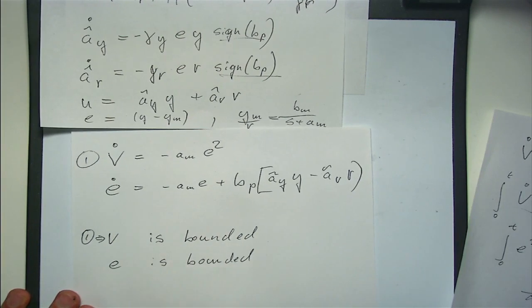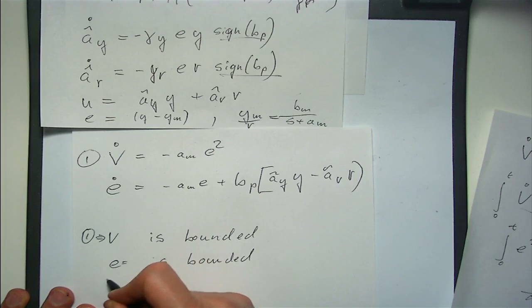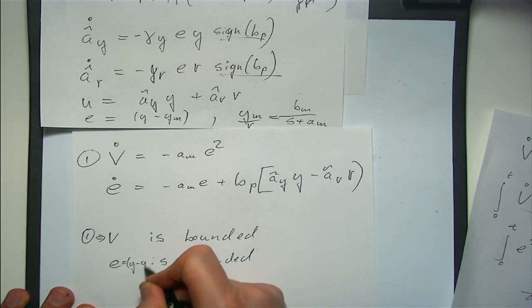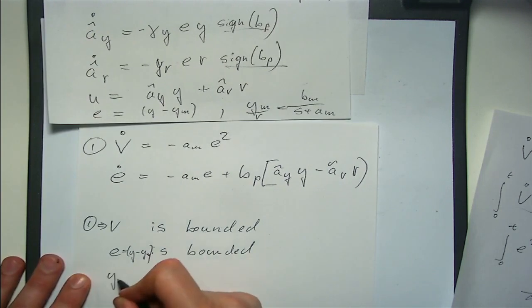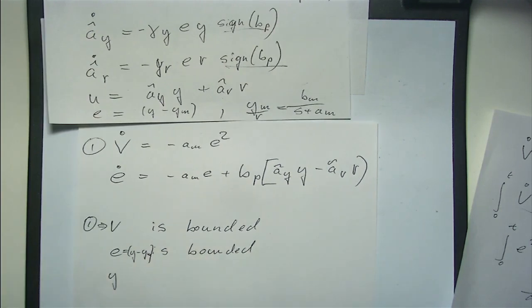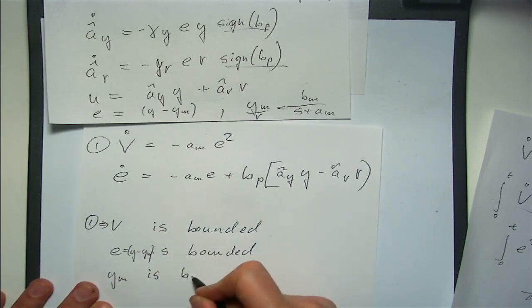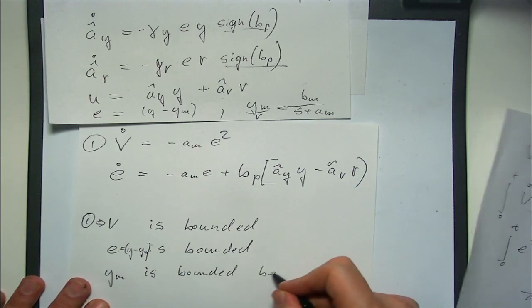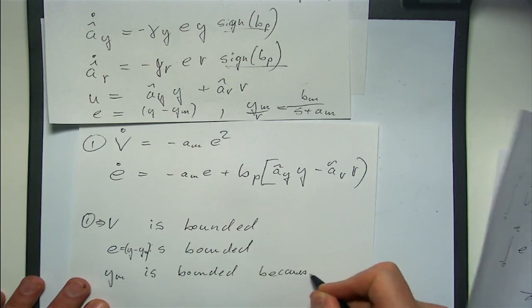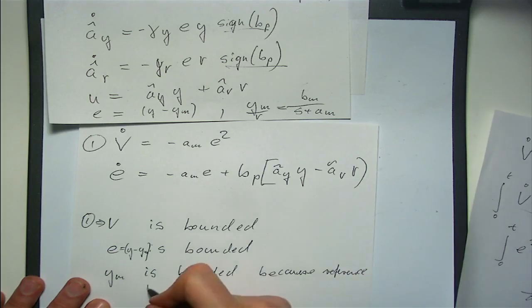That means that E is here Y minus Ym. And that is bounded. But Ym is bounded at all times because our reference model is bounded. So Ym is bounded because the reference model is stable.